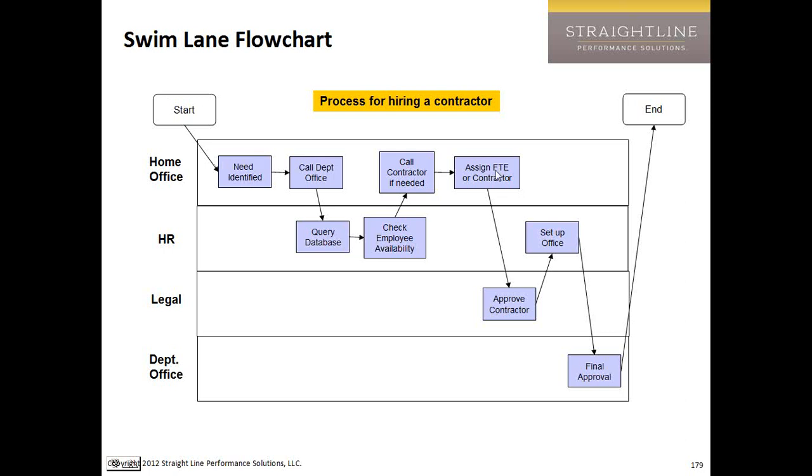Here, in this case, we've got process steps that are segmented by which branch of the business, or which area of the business, is executing on these. So, for example, the home office does an awful lot of the work up front, but they ping HR once in a while, and the department office is the one that makes the final approval.